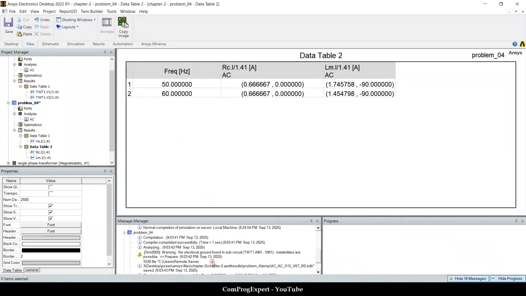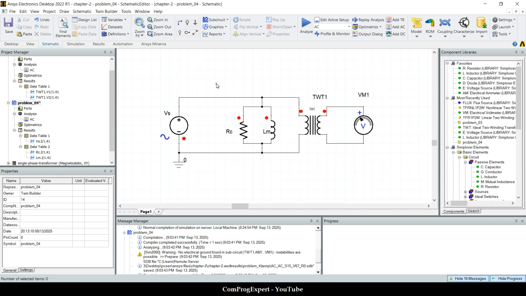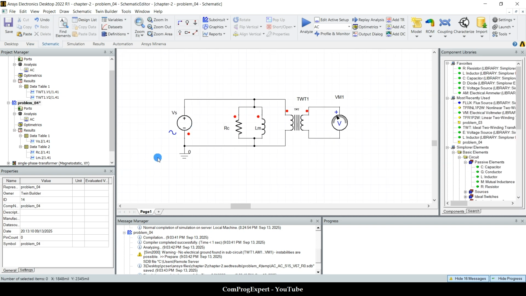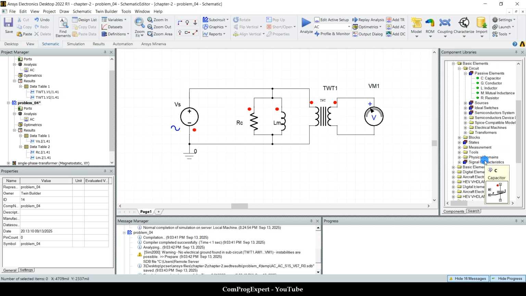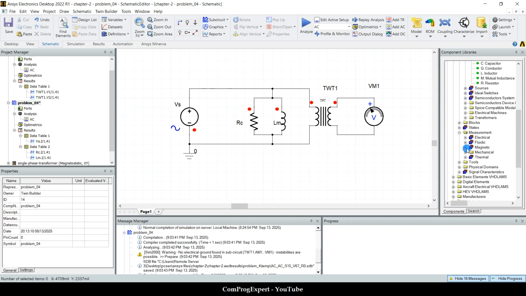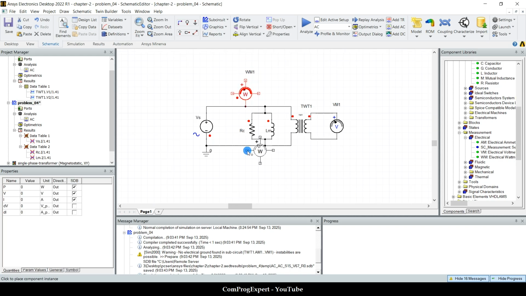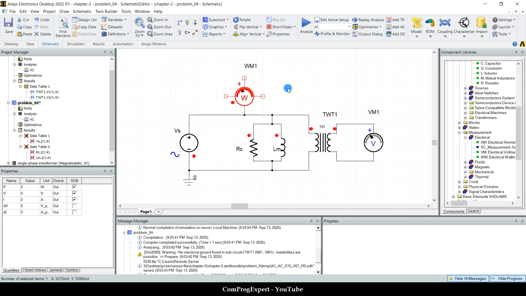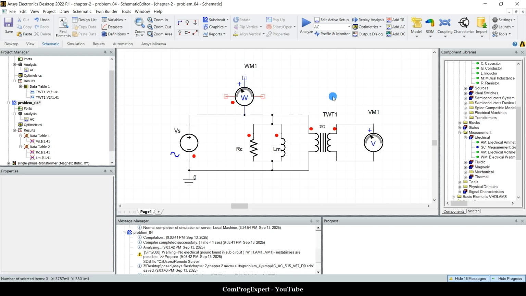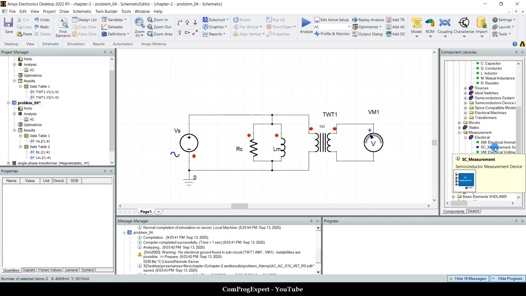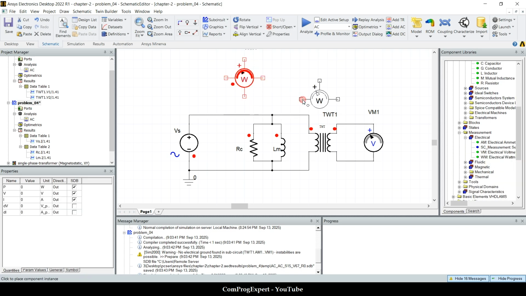Also here you can measure the value of the power. So from here, electrical, you can pick up a wattmeter, right? Power meter. And we need to specify the value of the current for this wattmeter and the voltage.